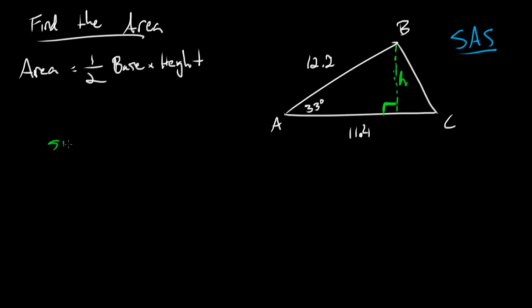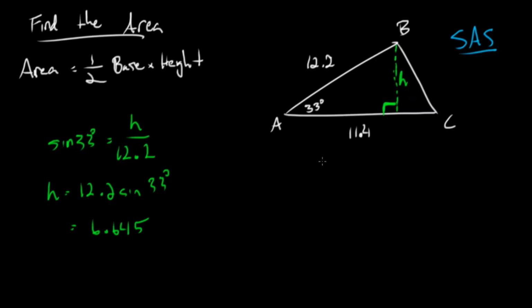The sine of 33 degrees is the height over 12.2. Multiplying both sides by 12.2, we get that the height is 6.645 units.